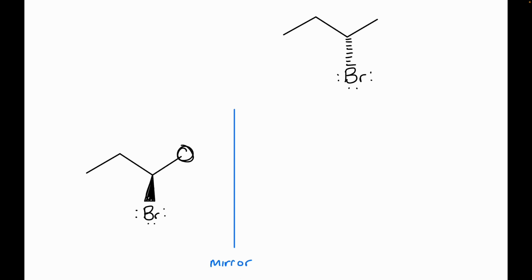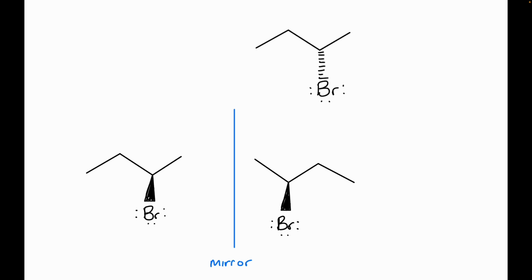Now this one's up over here, so I'm going to start over here and then go down. So now this carbon has to be the one with my bromine on there. Then the next one goes up. Boom. I could have drawn my mirror image by imagining there was a mirror and drawing that reflection.